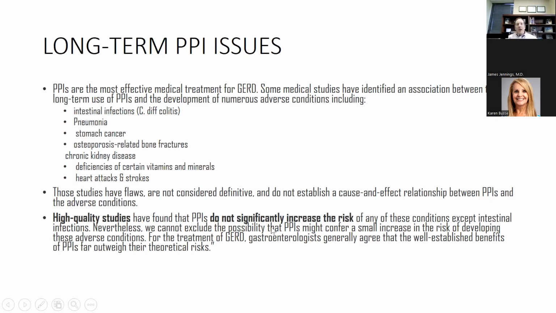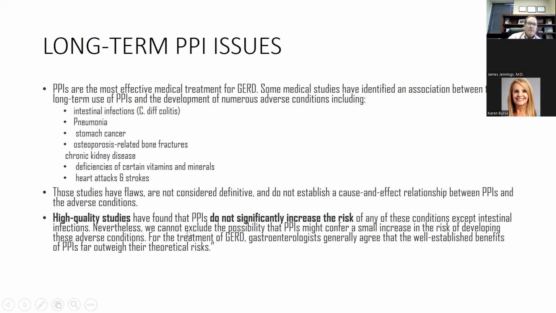And when I have patients that come in and say, oh, my doctor, my neighbor said I shouldn't be taking this, these are dangerous, I think it comes back down to just basic medicine, that with any medicine that you prescribe, whether it's a PPI, a hypertension medicine, a cholesterol medicine, there's risks and benefits to any medications. And the same goes with PPIs.